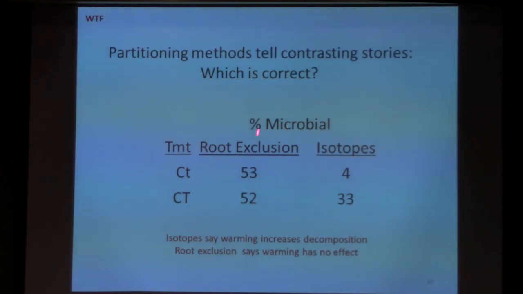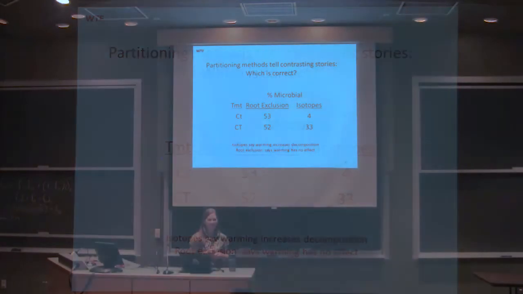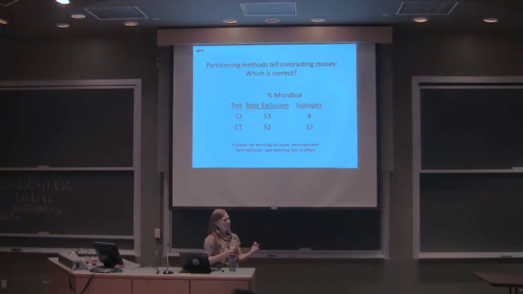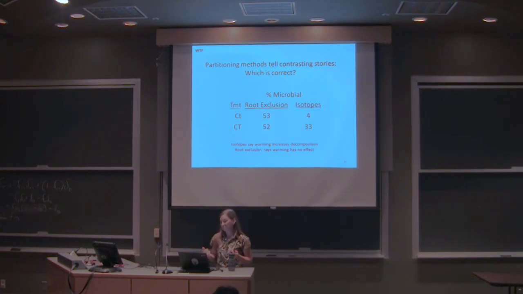So this is the decomposition rate, or the fraction from microbial. But the isotopes tell us that there's a large stimulation of decomposition by warming. And so, may not be a Nature paper, right? It's kind of methody, but yeah.